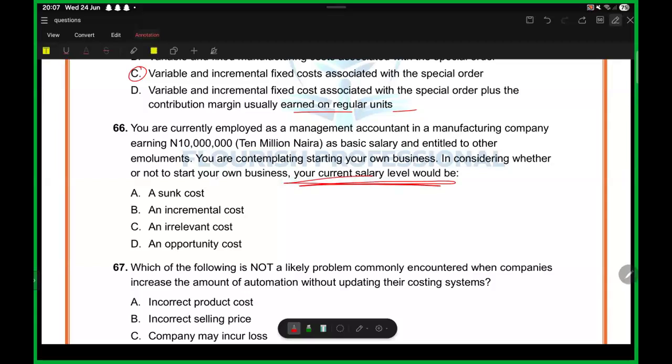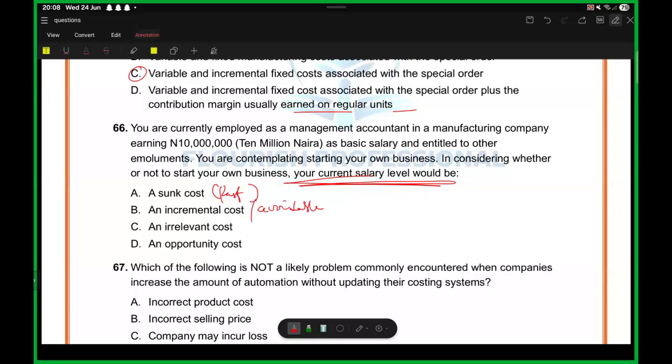A sunk cost simply means a past cost or a committed cost. Or is it an incremental cost? Remember, we said incremental cost is the cost associated with making a decision. That cost is mostly avoidable, because if you don't take the decision, you don't incur that cost.